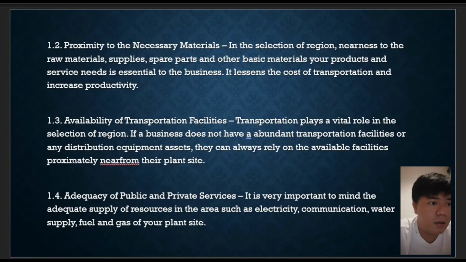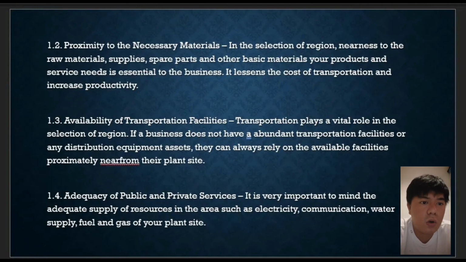Then number 1.2, proximity to the necessary materials. In the selection of region, nearness to the raw material supply, spare parts and other basic materials your product and service needs is essential to the business.